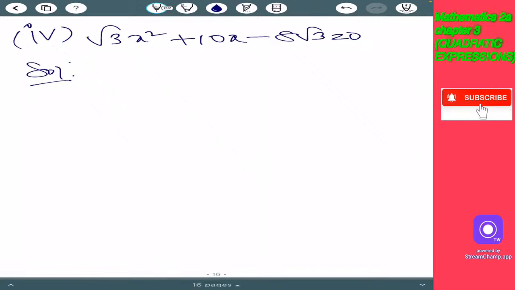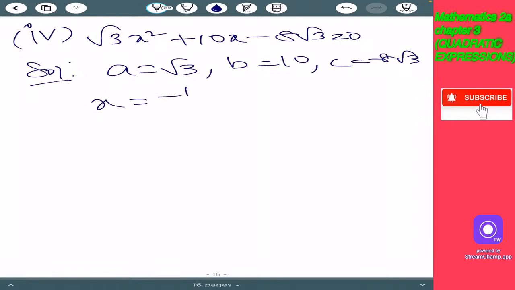Okay, dear. The roots you'll get with the help of that method. If you go with that, you'll get a is equal to root 3, b is equal to 10, and c is equal to minus 8 root 3. So what's the formula? x is equal to minus b plus or minus root of b square minus 4ac, by 2a.